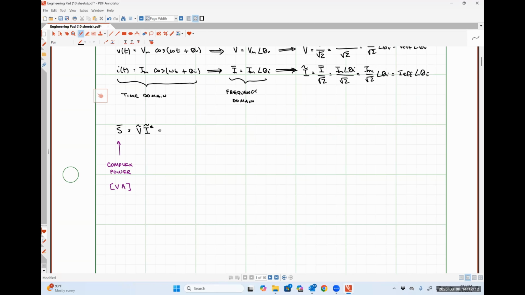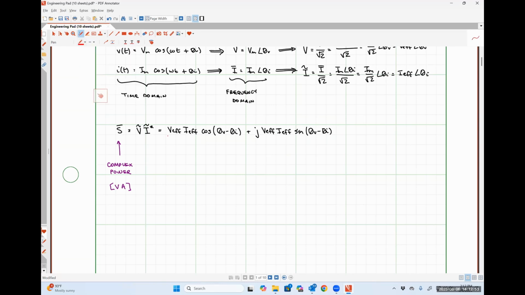If I multiply my RMS phasor voltage V times the complex conjugate of my RMS phasor current I in rectangular form, I should get V effective times I effective times the cosine of theta V minus theta I, plus j times V effective I effective, the sine of theta V minus theta I.